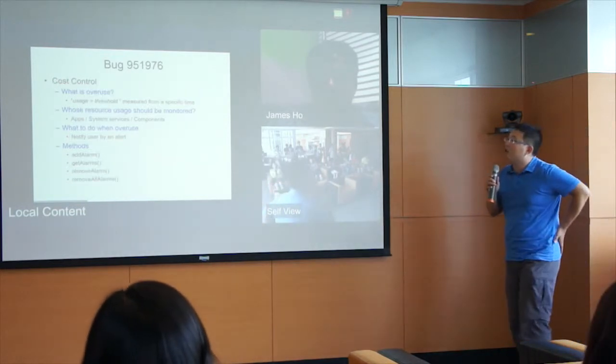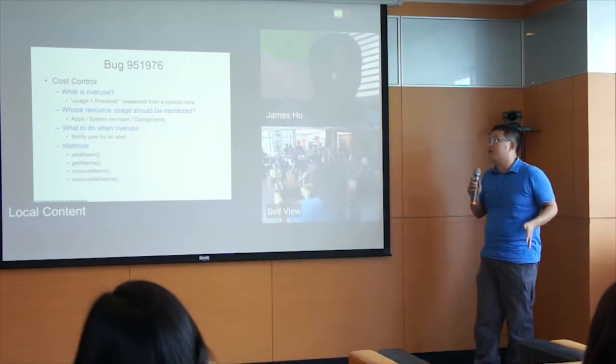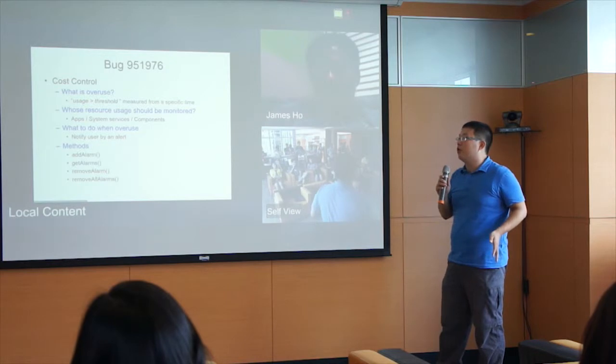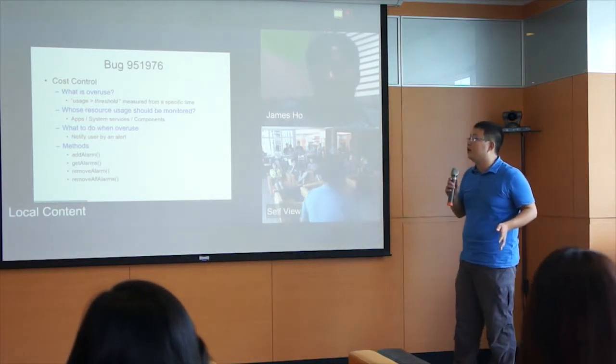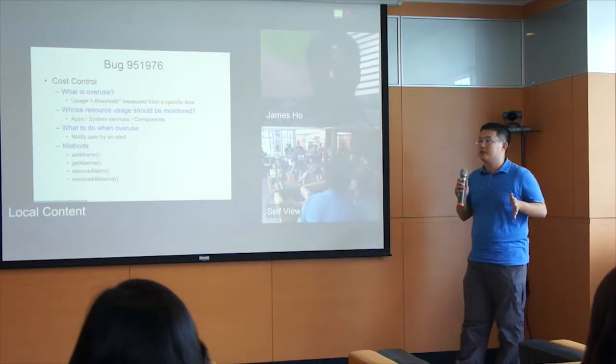Okay, so the second goal of this API is to provide cost control. This is inherited from the network test API. So in cost control, we will allow users to set up a threshold to define how many resources you want to spend.